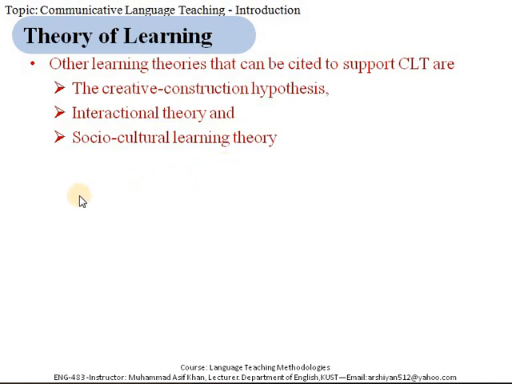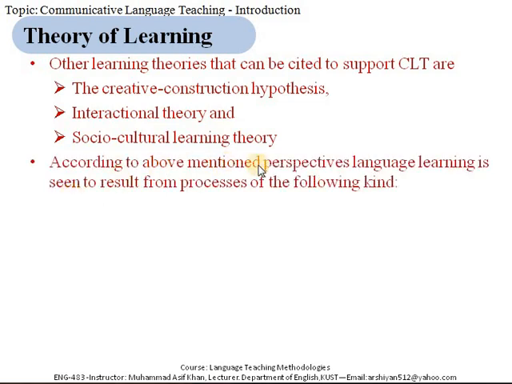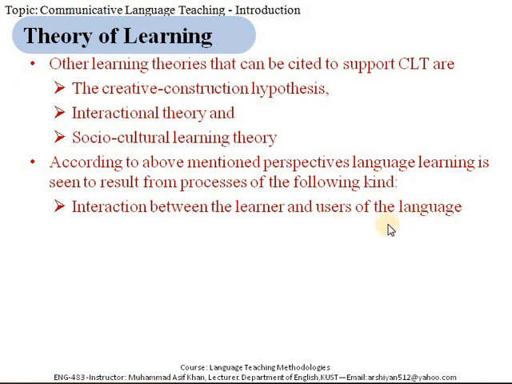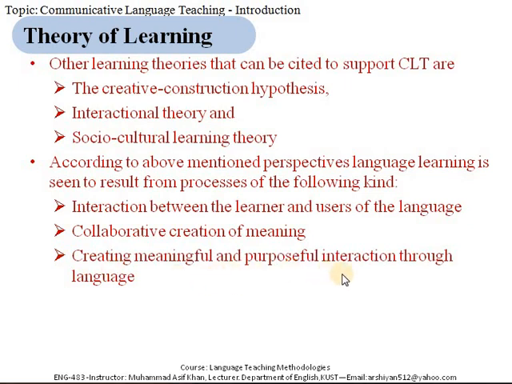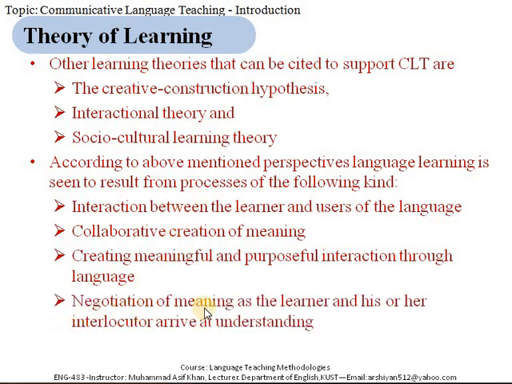From the above-mentioned perspectives, language learning is seen to be an outcome of processes of the following kinds: interaction between learners and users of the language, or a process of collaborative creation of meanings, or creating meaningful and purposeful interaction through language. We can say that they viewed language learning as a negotiation of meaning, as the learner and his or her interlocutors arrive at understanding.